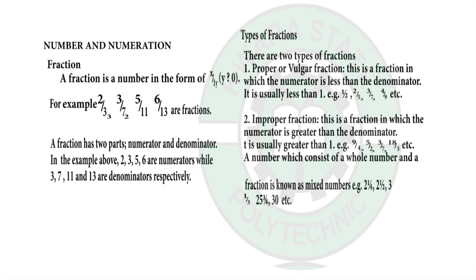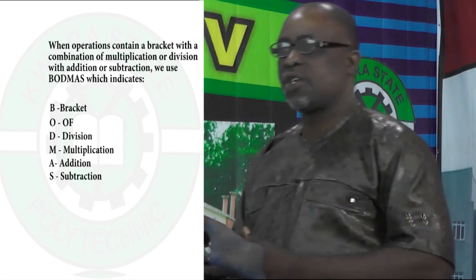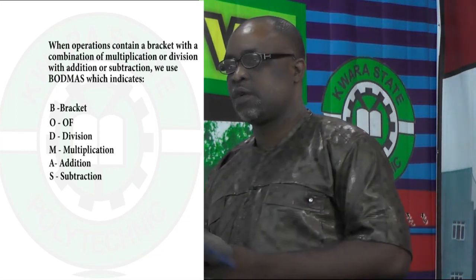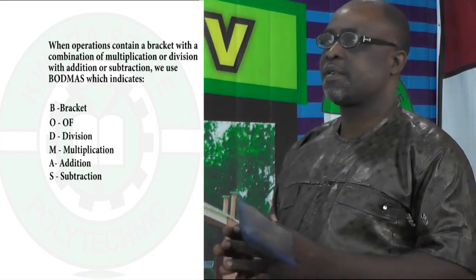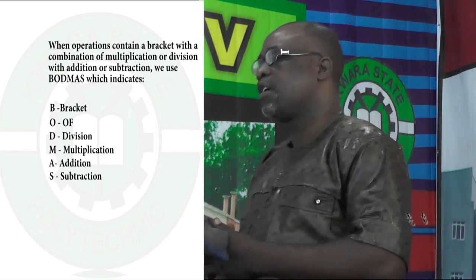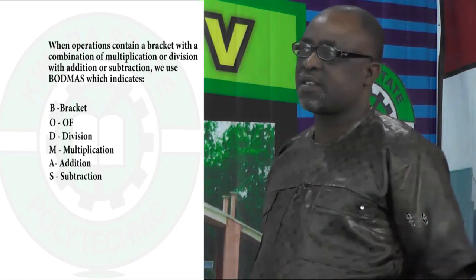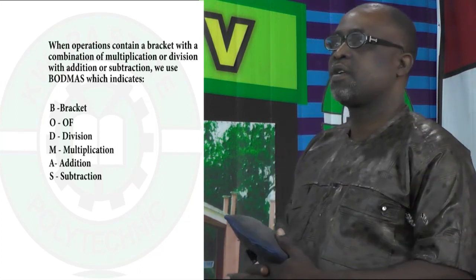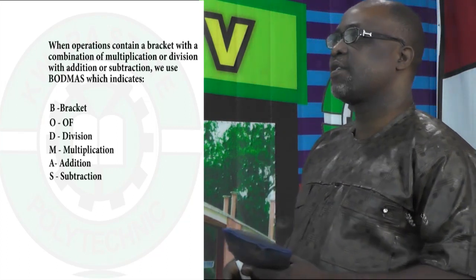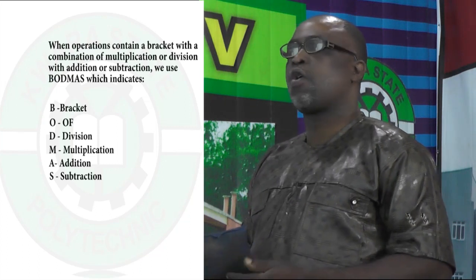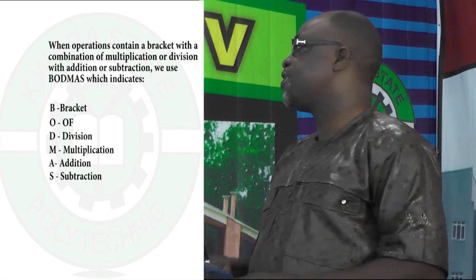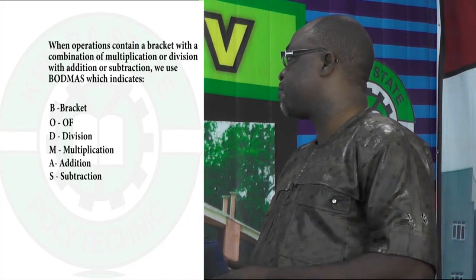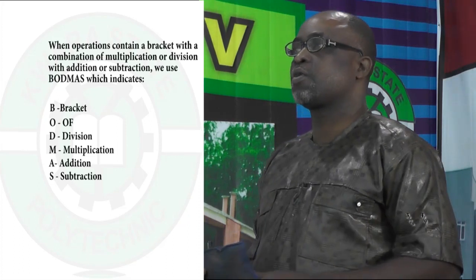Now, operation in mathematics follows a rule that we call the BODMAS. We have been hearing that since our primary school days. Now, what is BODMAS? B stands for brackets. O stands for of. Of in this case is OF, not OFF, like so many students will want to say.